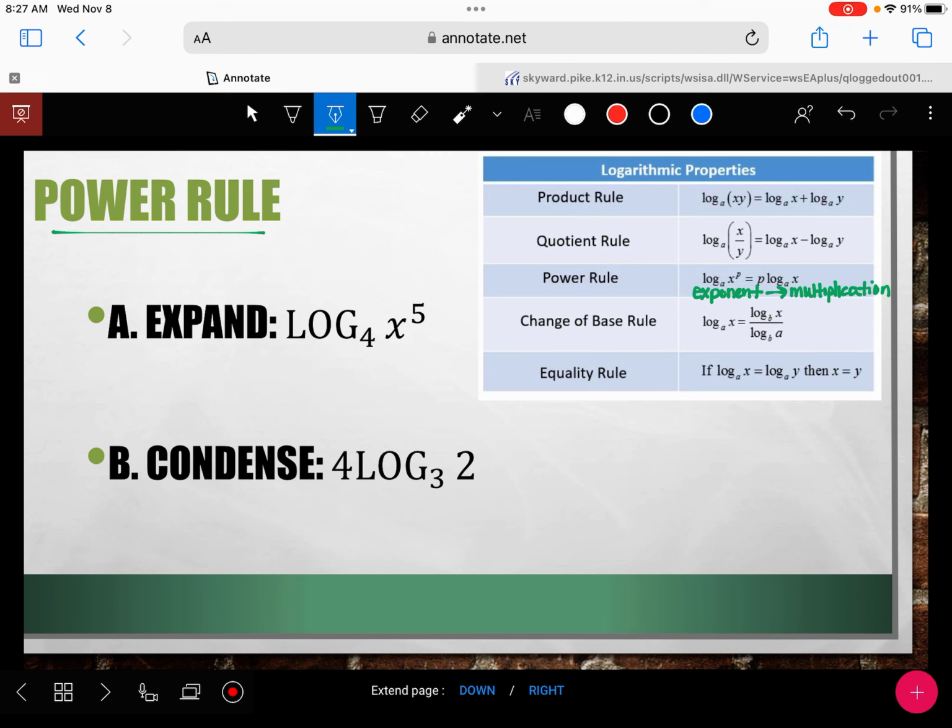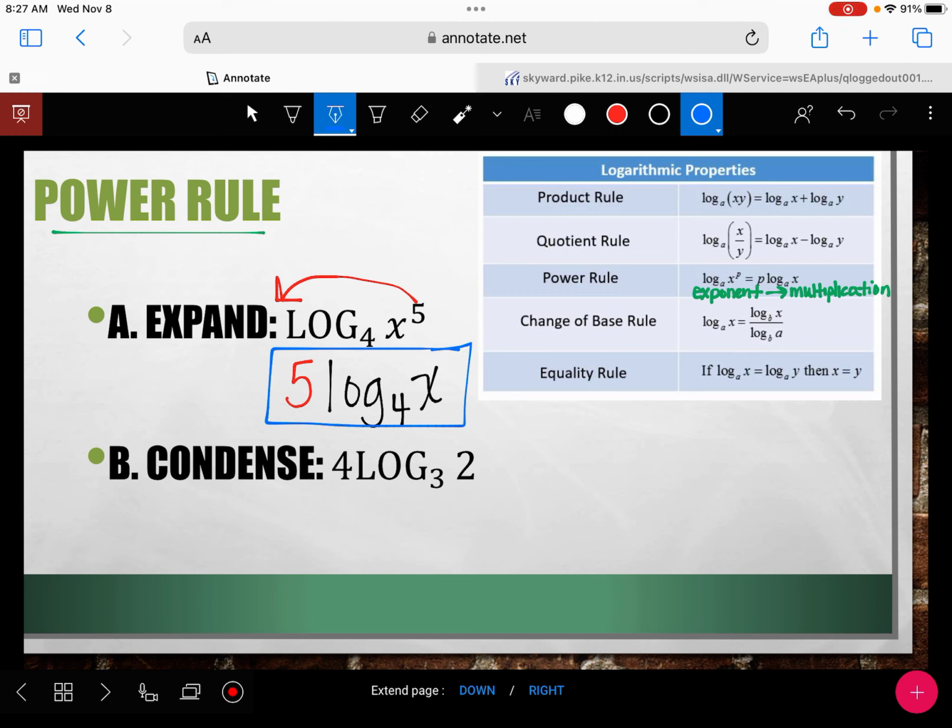So when you see an exponent, see how we have this 5? Whenever you see an exponent, we just move it to the front. That's what that property says. So it just goes to the front. And when it goes to the front, you have 5 times the log base 4 of x. That would be your answer.